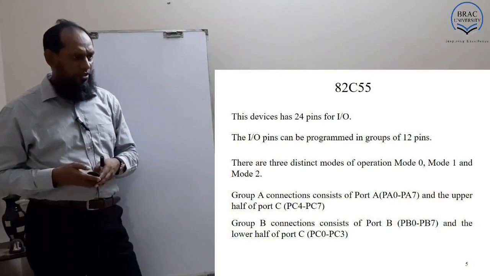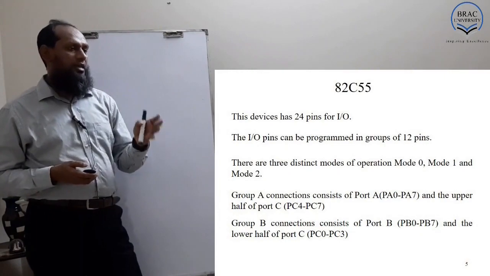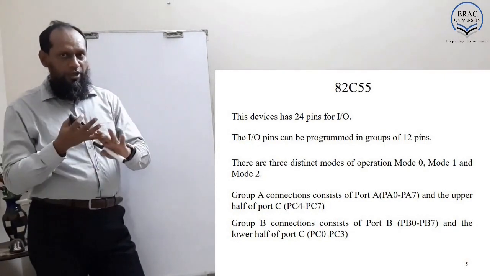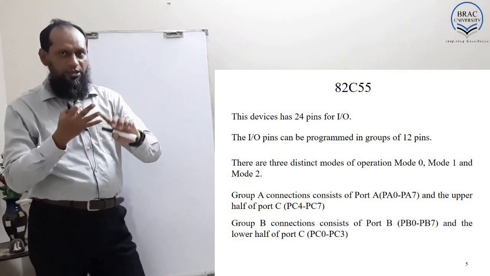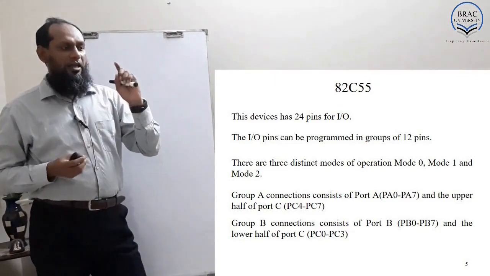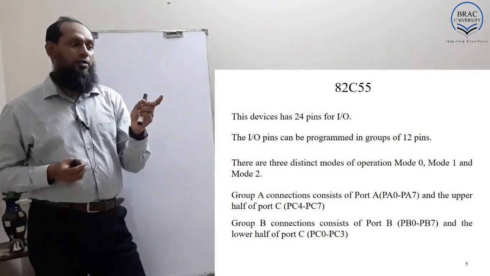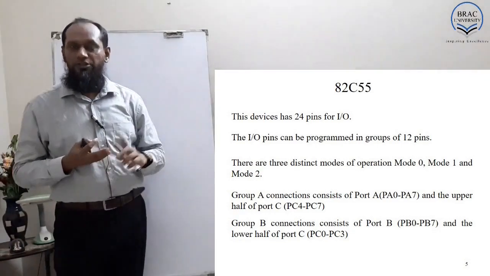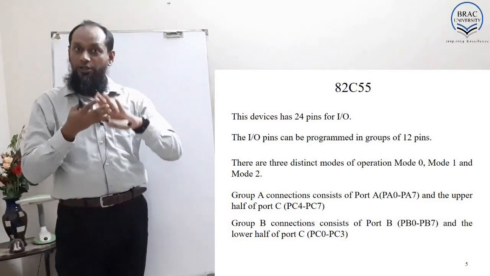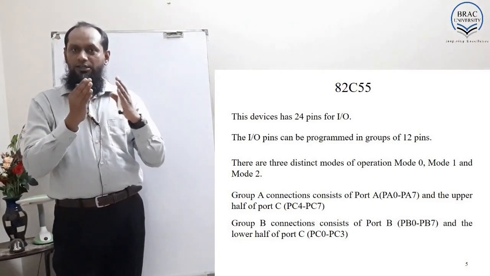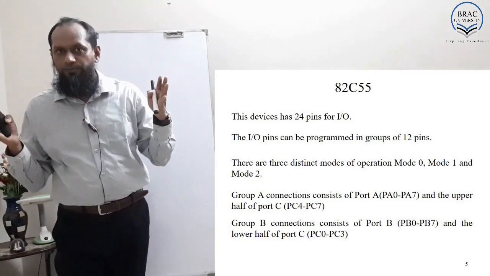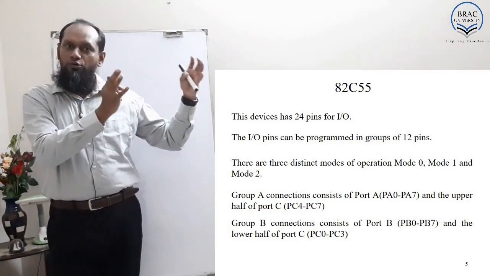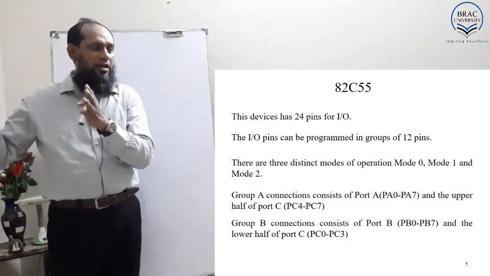So, here's the information. This device has 24 pins for I/O: port A, port B, port C, 8, 8, 8, 24 pins. The I/O pins can be programmed in groups of 12 pins. This thing I didn't mention before. We have 3 ports, but they can be divided into 2 groups, 12 pins in one group and 12 pins in the other group.